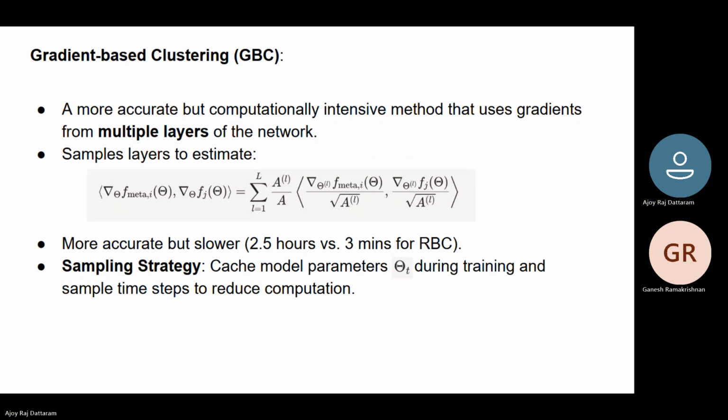And A is the total importance across all layers, and the square root of a to the power l is the normalization factor to adjust the gradient magnitude based on the layer importance, and delta fj(theta) is the gradient of the loss for training sample j with respect to the parameters of layer l.